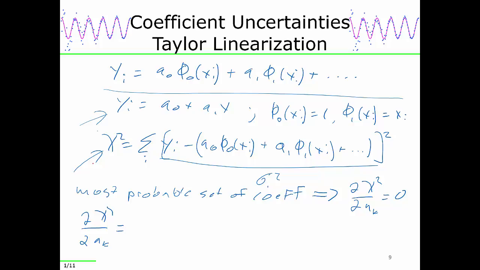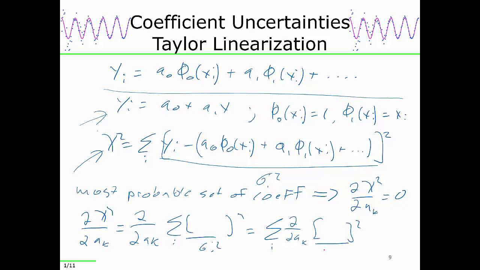We can recognize that we can write this as the derivative of the summation, and I can rewrite this as a summation of the derivative, because the derivative of a sum is equal to the sum of derivatives.